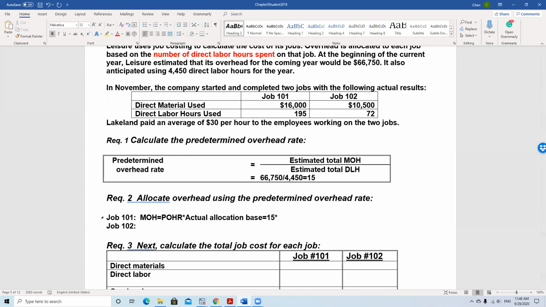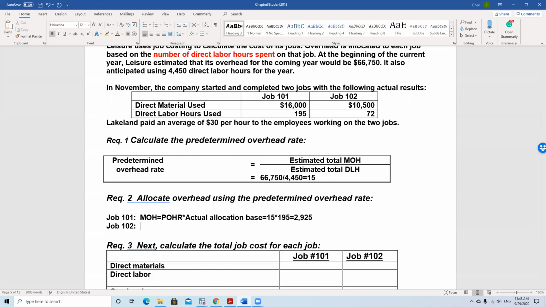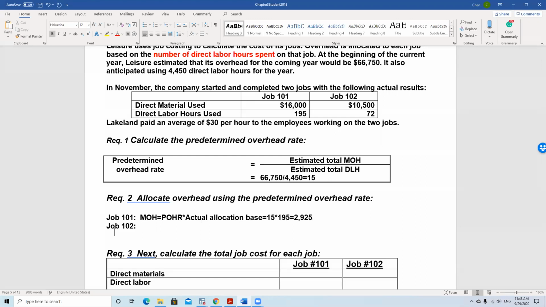So predetermined overhead rate is 15 times 195. And then that is 2,925.